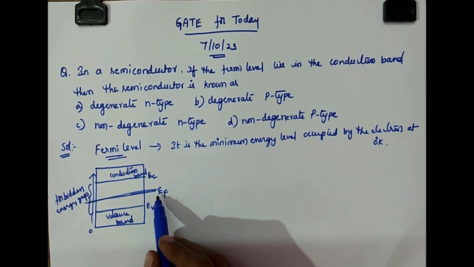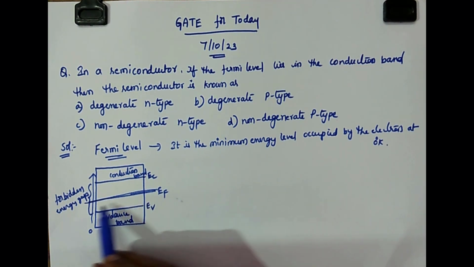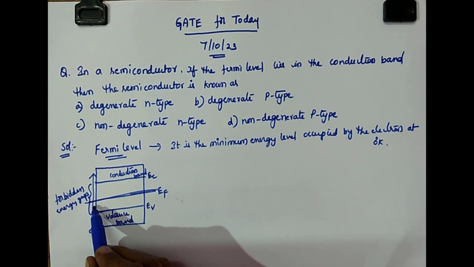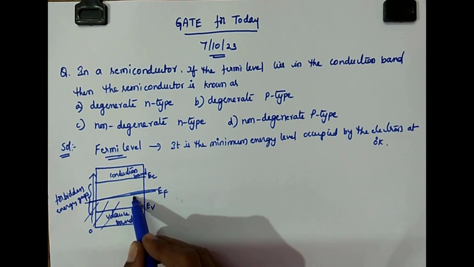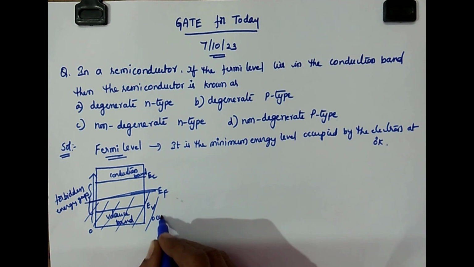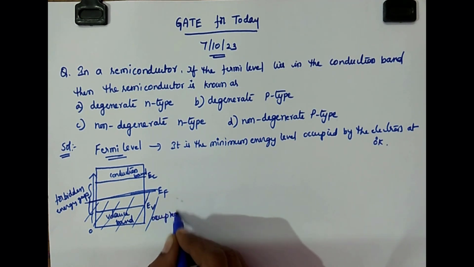Now what is the meaning of Fermi level? It is the energy level occupied by the electron at 0 degree K. All the levels below the Fermi level are occupied by electrons.